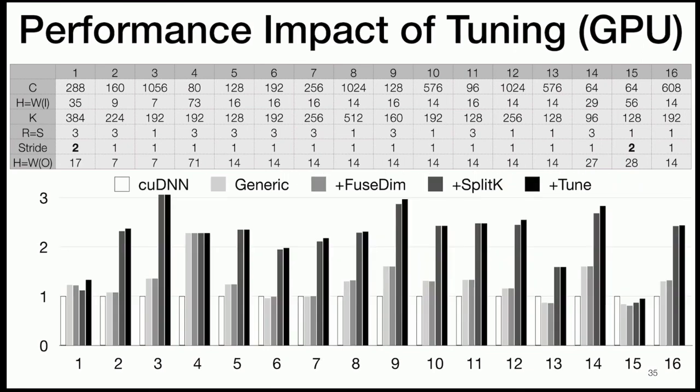For GPU, we still use those 16 layers, and the performance is normalized to cuDNN. Plus FuseDim and plus split K means we greedily apply each optimization with the default parameters. Plus tune means we explore the tuning space and choose the one with the best performance. Similar to CPU, tuning slightly helps the performance too.